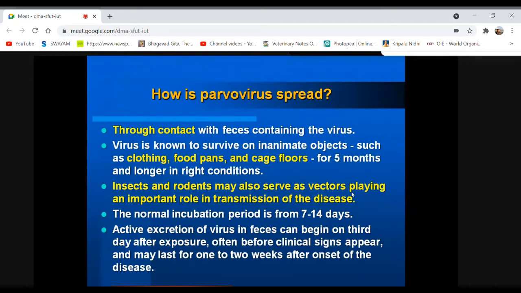It may last for 1 to 2 weeks even after the onset of the disease, meaning even after showing clinical signs and symptoms, they may go on excreting virus particles for 1 to 2 weeks.